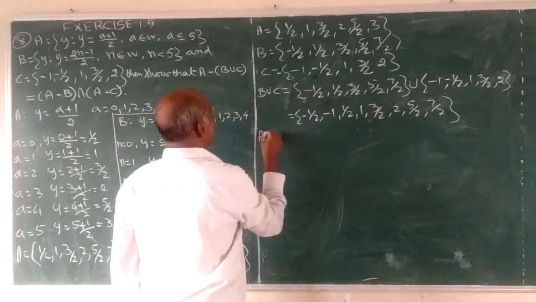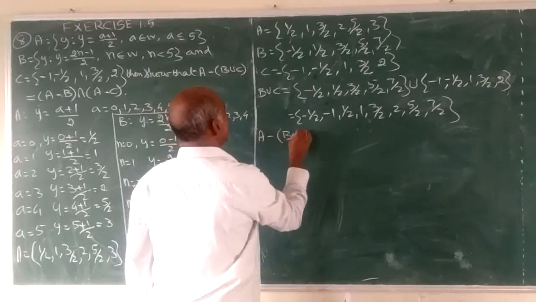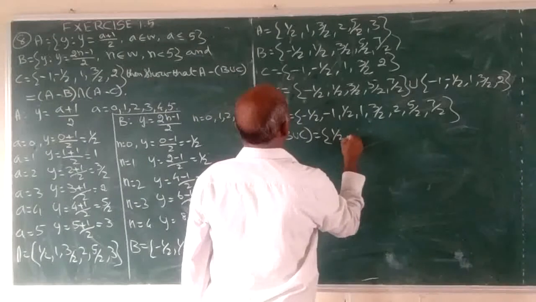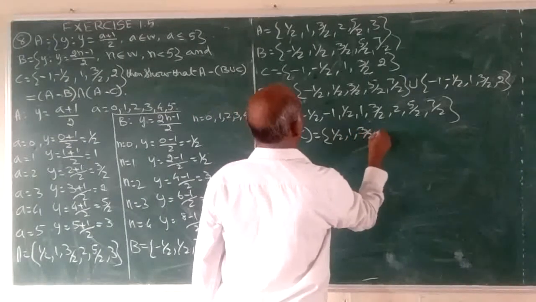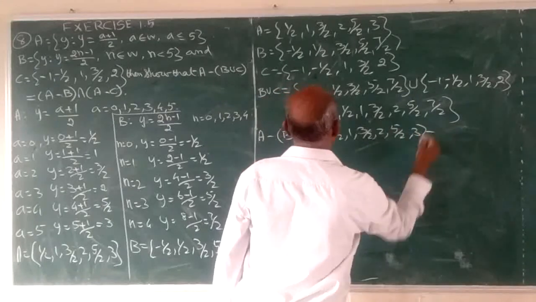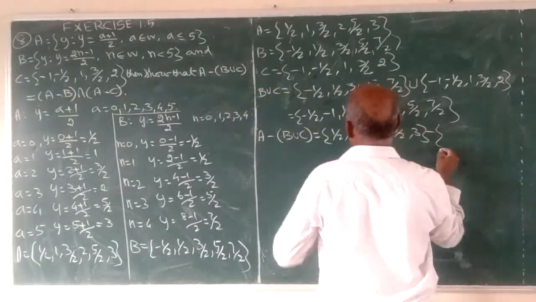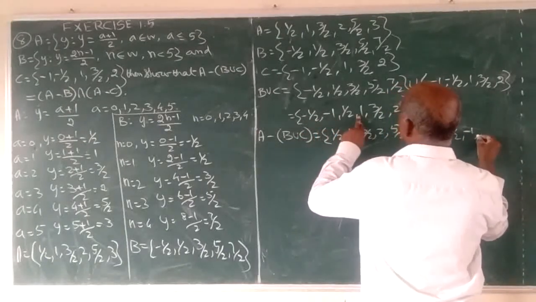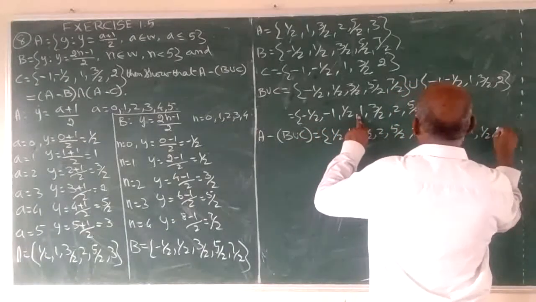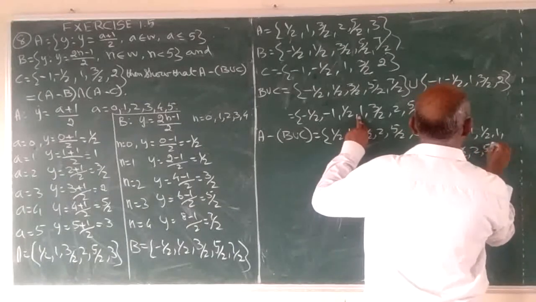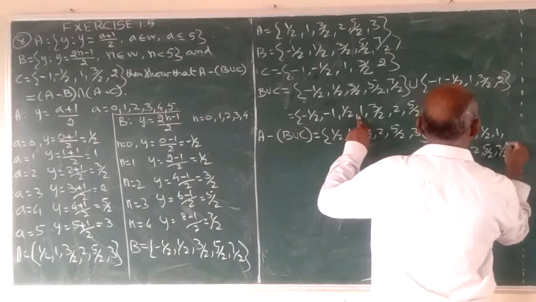Now find A difference B union C. A is the set 1 by 2, 1, 3 by 2, 2, 5 by 2, 3. Difference minus 1 by 2, minus 1, 1 by 2, 1, 3 by 2, 2, 5 by 2 and 7 by 2.